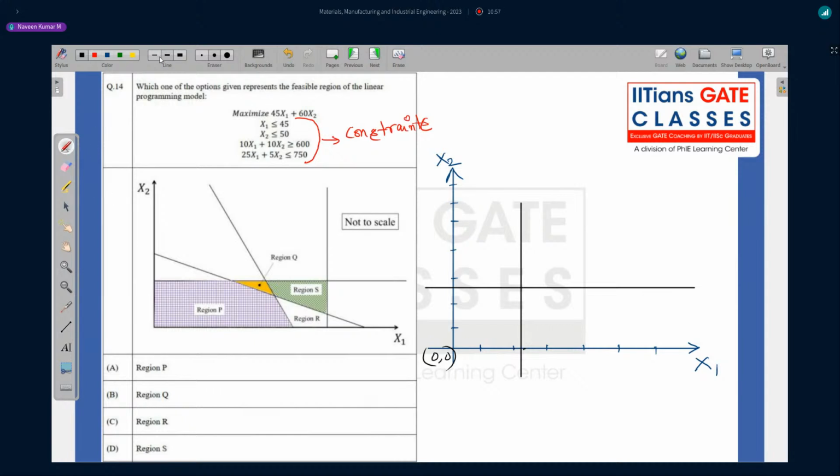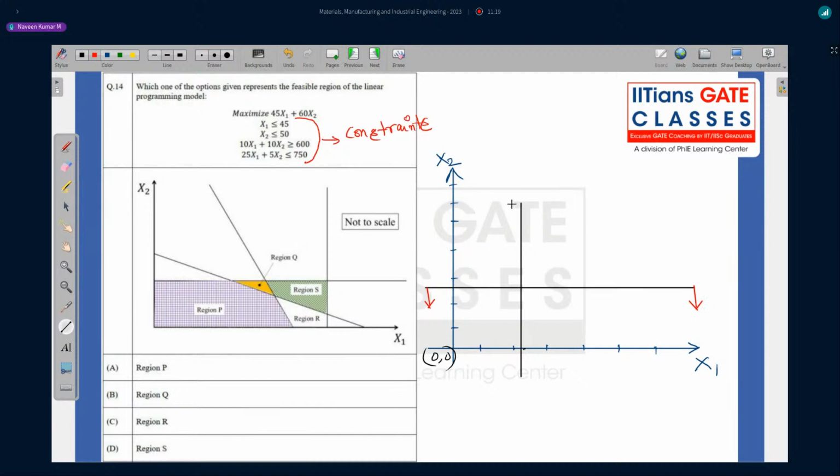Good. Now, let's shade it towards the origin. As it is a little tricky, I'll just make something like this, where it will tell you the direction in which it has been shaded. So this direction we have shaded. This direction we have shaded.